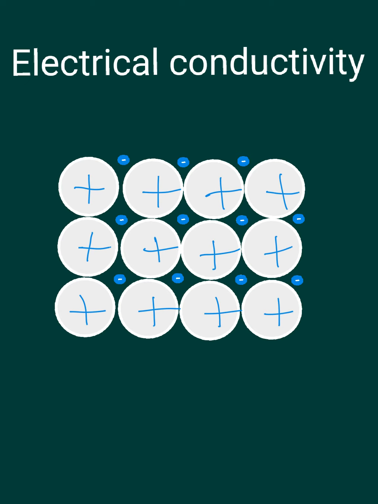So I'm going to put a positive charge on every single metal atom over here. So I've now labeled all the metal atoms as positively charged, and these positively charged metal atoms are often referred to as cations. And a cation is just a positively charged particle. You may have also noticed these blue circles over here, and these are called free electrons. So these are the electrons I was talking about earlier, which the metals lose quite easily.